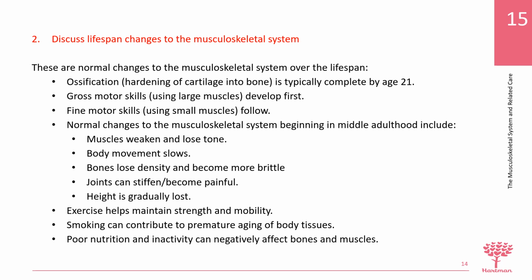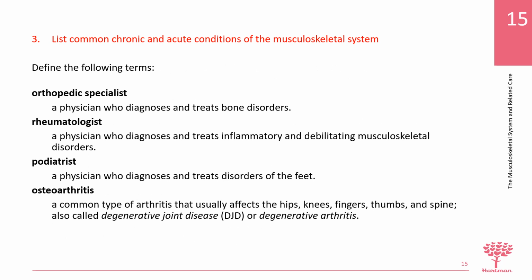Joints can stiffen and they can become painful. Actually, height is gradually lost. So yes, you do shrink as you get older. Exercise helps maintain strength and mobility. Smoking can contribute to premature aging of body tissues, and poor nutrition and inactivity can negatively affect bones and muscles.